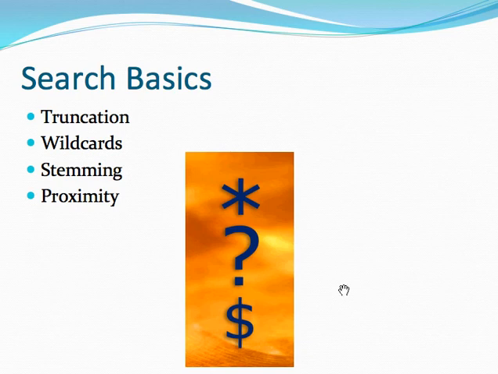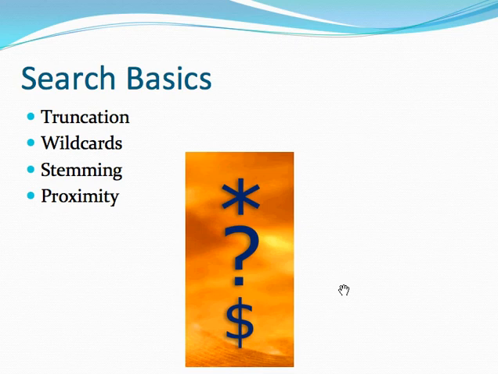Another thing that we can use when we do search is truncation, wildcards, stemming, and proximity. This is database specific. Not all databases use the same symbols for truncation or wildcards.